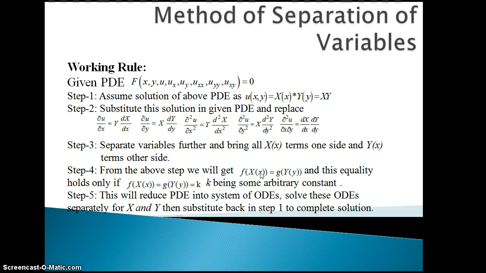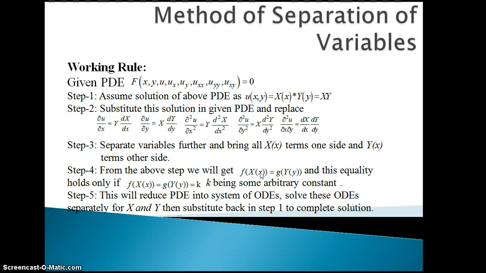This equality is not valid unless both the left hand side and right hand side take the same value. Let that value be k, an arbitrary constant, so that f of x is equal to g of y is equal to k. Individually we can take f of x is equal to k and g of y is equal to k.